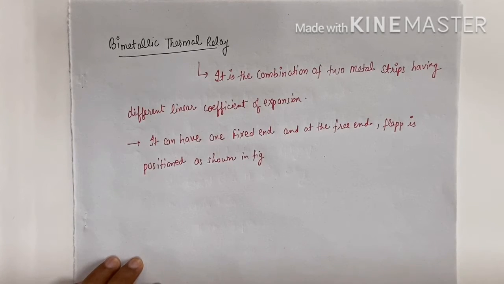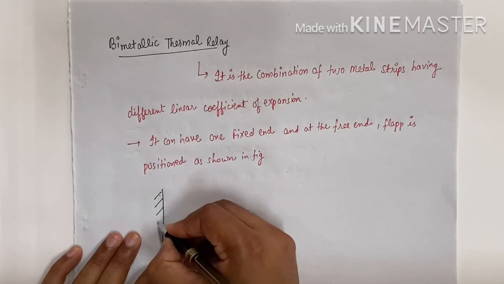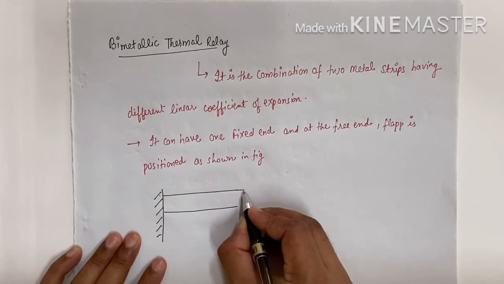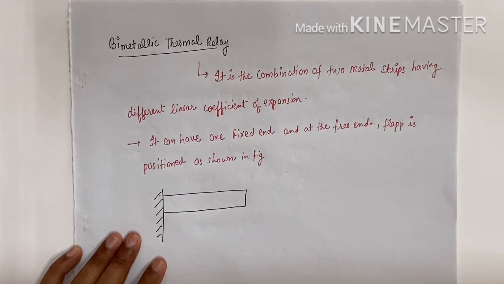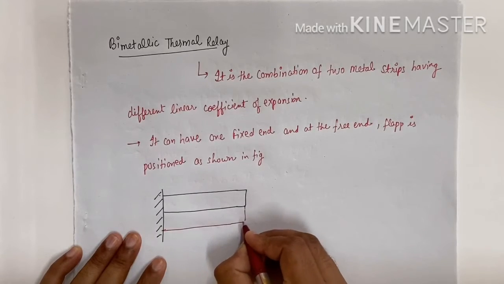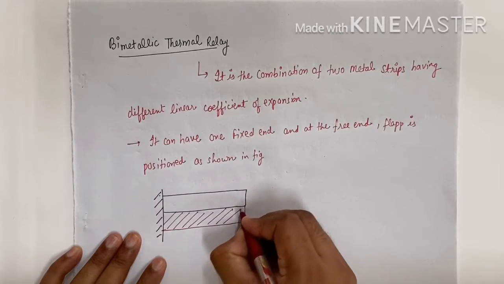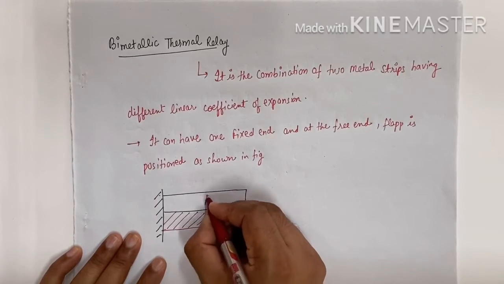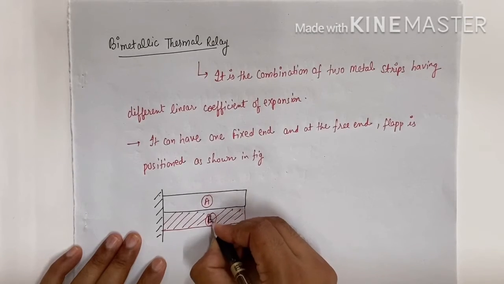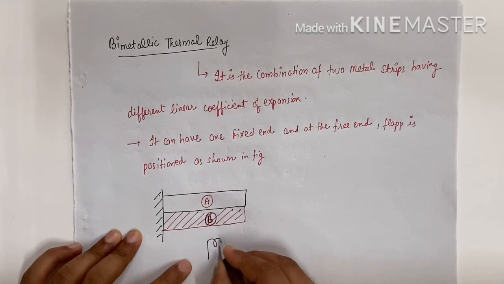So now see what is the construction here. Suppose this is the fixed end, we have considered this is one metallic strip and this is another metallic strip. This is A metallic strip, this is B metallic strip, and we can consider the heating element.